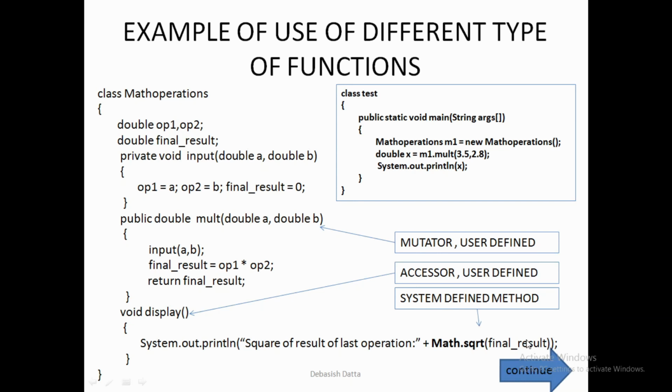So whatever value is there, its square will be calculated and displayed onto the computer screen, but the value of the final result will not change. So the display function is not changing any value, as it is not changing the value of any member variable, so it is an accessor method. Yes, it is an accessor method.